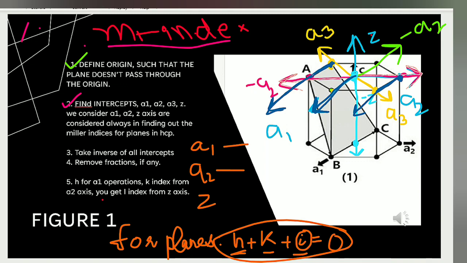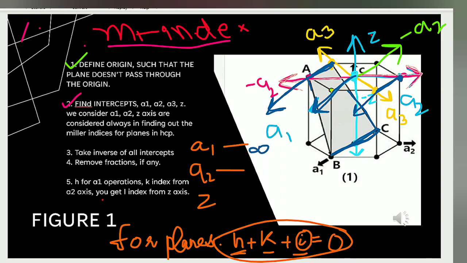Because these are the boundary lines of the plane. These four lines are the boundary lines. For now we are considering these two. So these boundary lines are perfectly parallel to A1 axis. That is why the A1 intercept will be infinity.